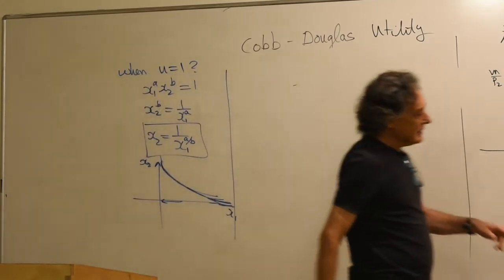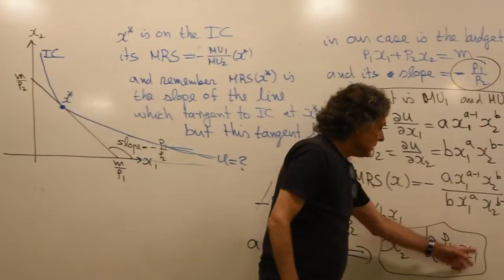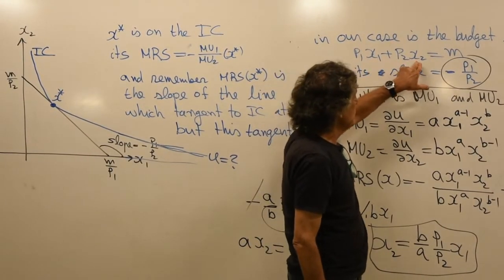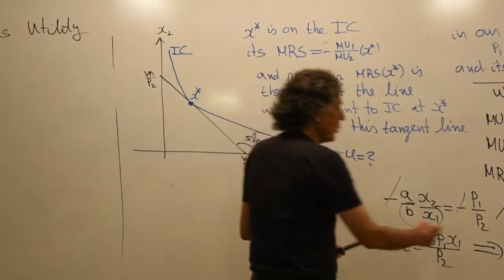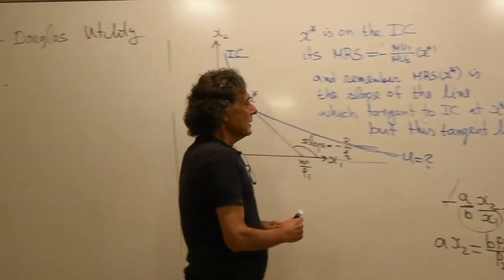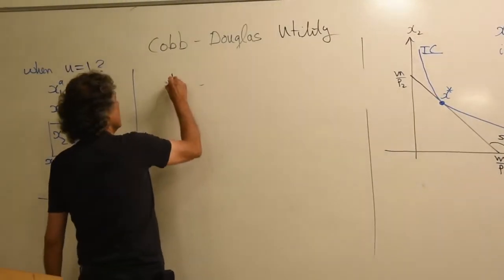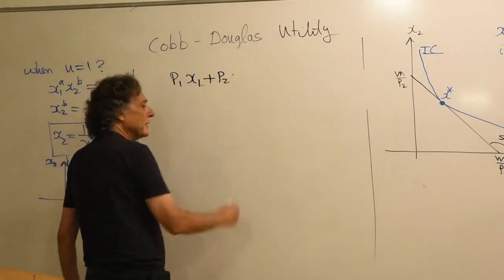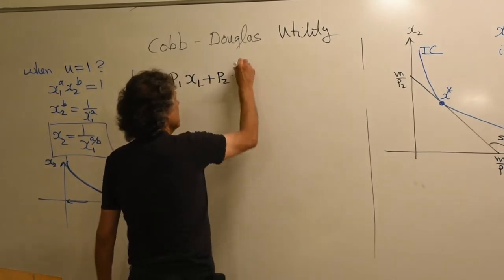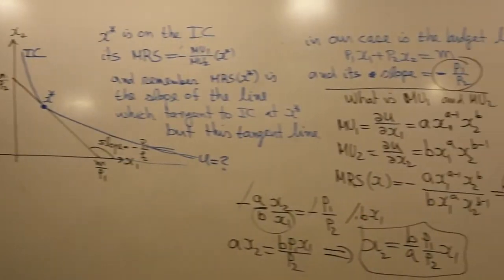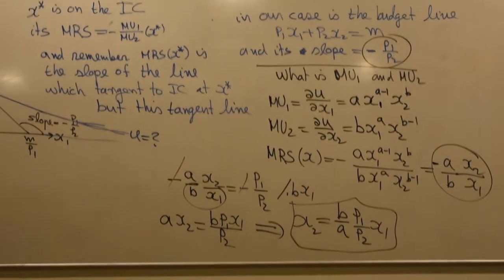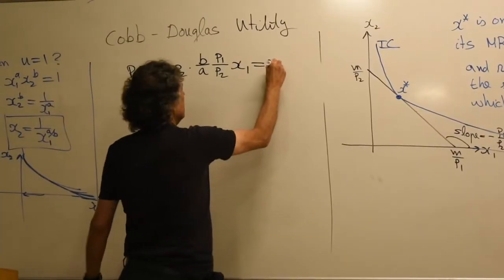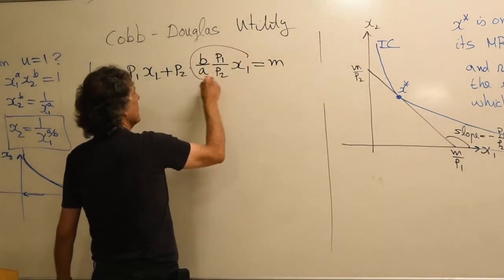I substitute this into the budget line: P1 x1 plus P2 x2 equals m. But I know what x2 is, it's this one. So I'm writing P1 x1 plus P2 times, instead of x2, b over a, P1 over P2, x1 equals m. Remember, this is our x2.